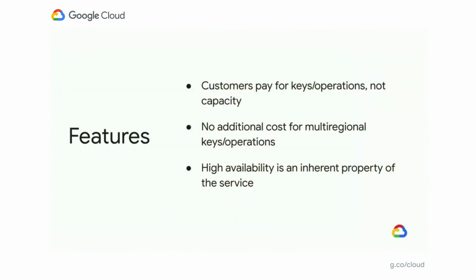And with that, I'm going to add 3 more things that I want to talk about. First, customers pay for key operations, not capacity. What we're saying here is that Cloud HSM is a consumption-based model. You don't have to purchase an entire partition or partitions or clusters of partitions.